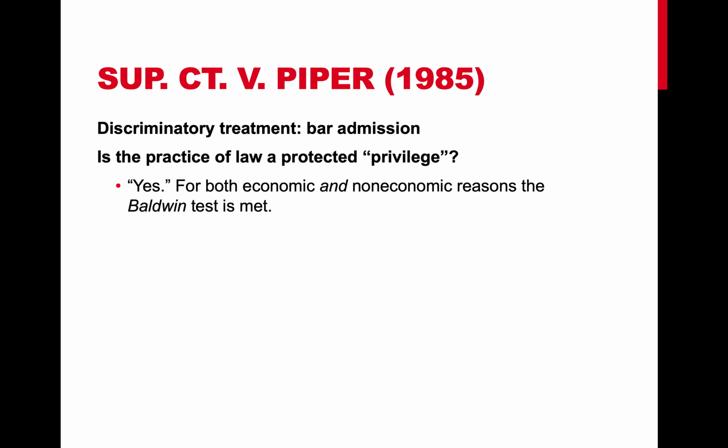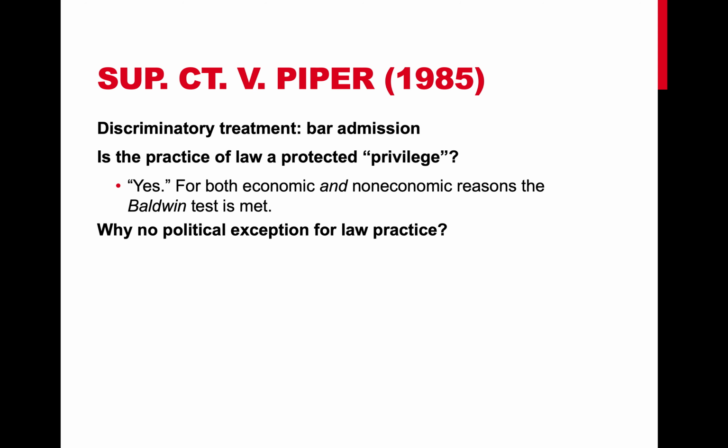So the court says, yes, this should be subject to scrutiny under the Privileges and Immunities Clause. What about an exception, the political exceptions that the court had noted? So if there's been a history of protecting equal access to common callings, there was that exception for voting and state office holding.